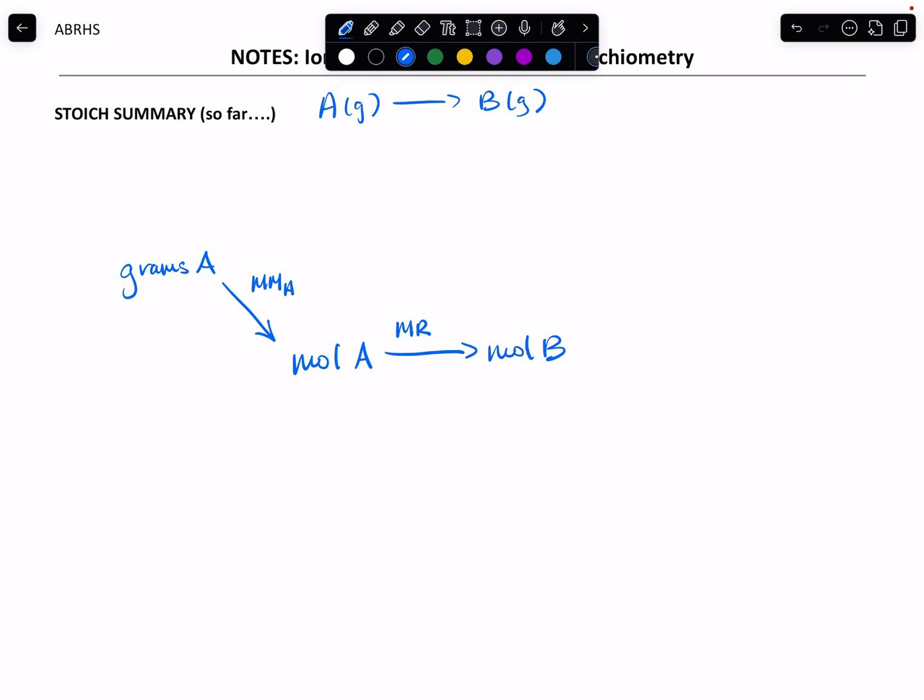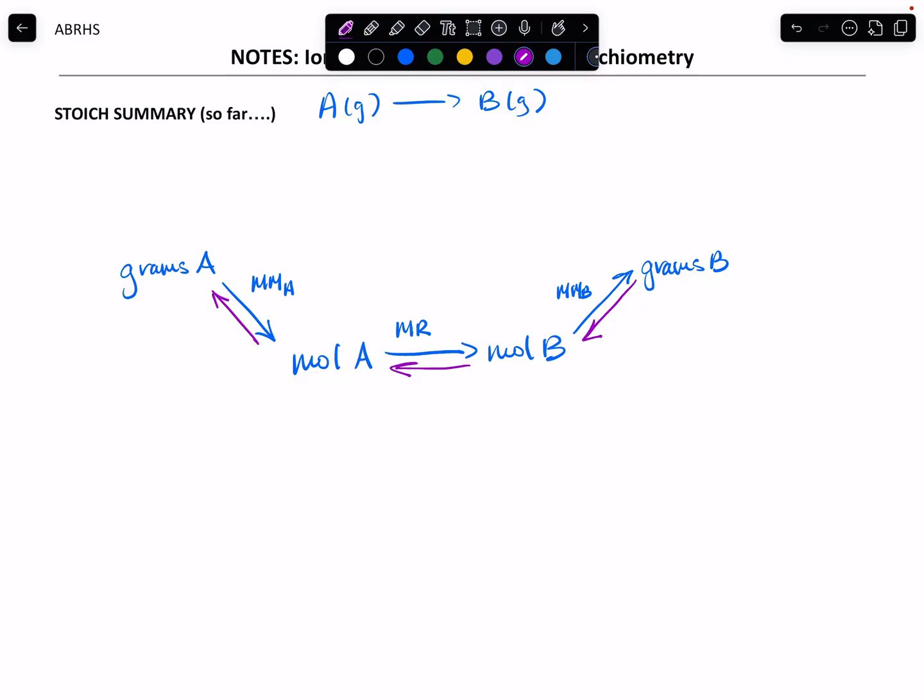Then you can go to moles of B. Or maybe the problem gives you grams of A and asks for grams of B. So you need to go grams to moles using the molar mass, moles to moles using the molar ratio, and then moles of B to grams of B using the molar mass of B. Now, obviously, for all of these, we could go in the other direction, right? We could have grams of B and work our way around to grams of A. So you can go in either direction.